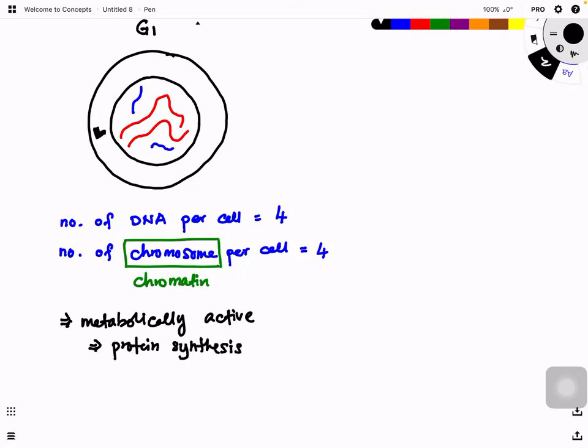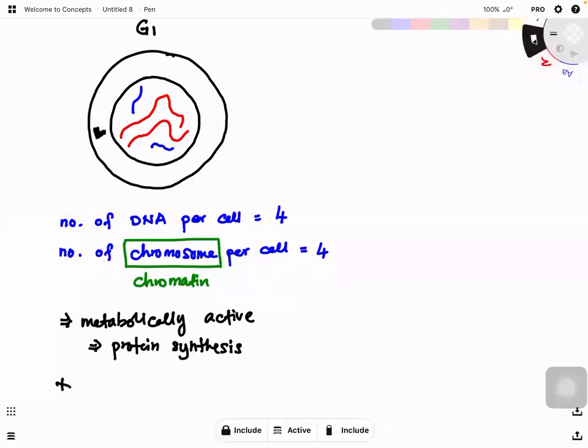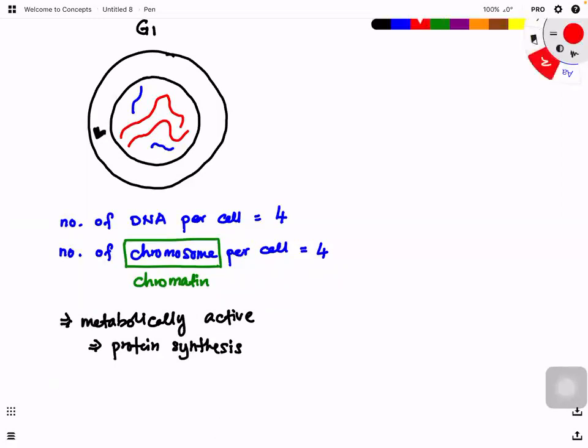So again, put an asterisk here. This is not mitosis yet. This phase is not mitosis. This is a 10 nanometer fiber or 30 nanometer fiber chromatin.